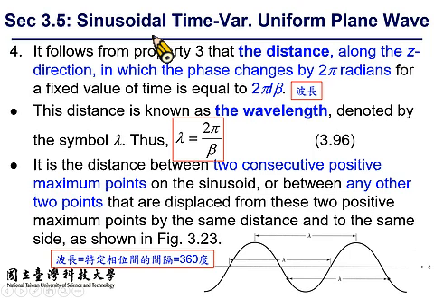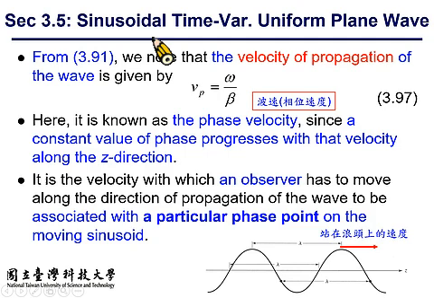Beta equals 2 pi over lambda, or omega equals 2 pi times f. You should try to memorize this basic fundamental relationship. Okay, and as you can see from this relationship, Vp can be determined by omega over beta, which is not that familiar to you.